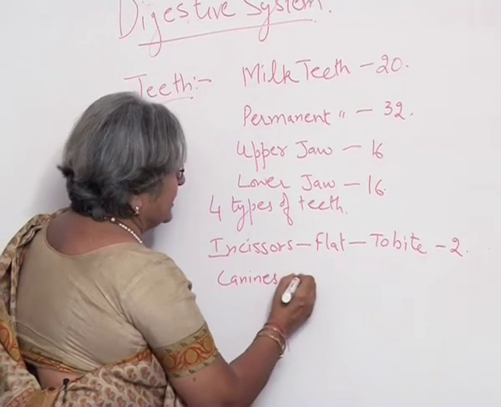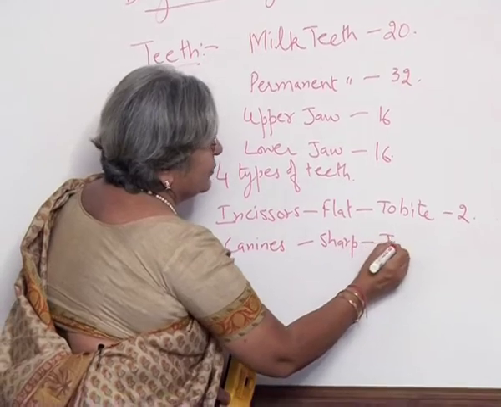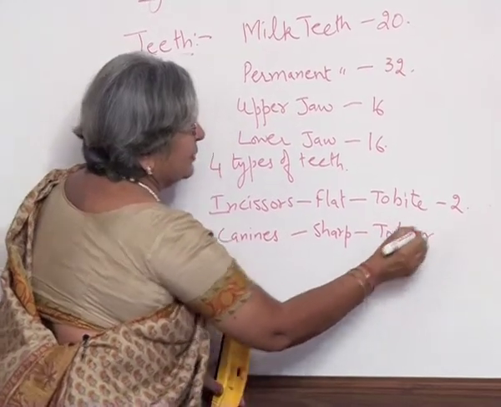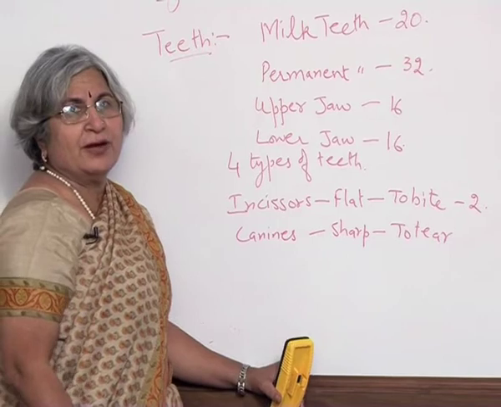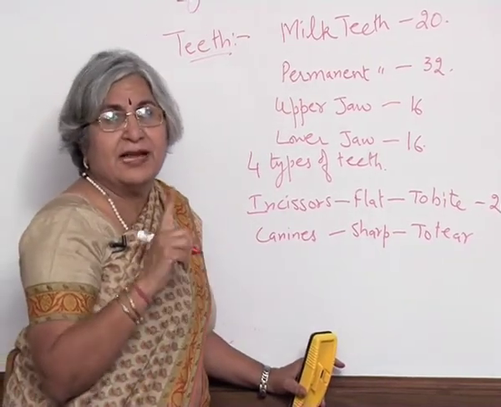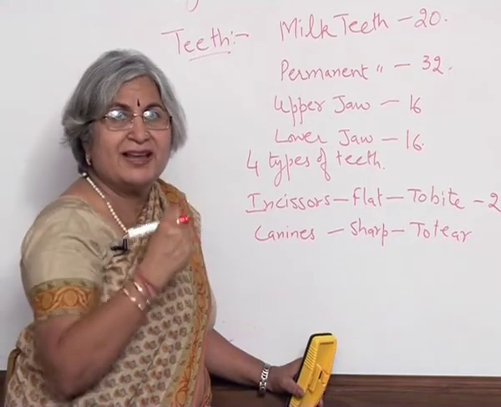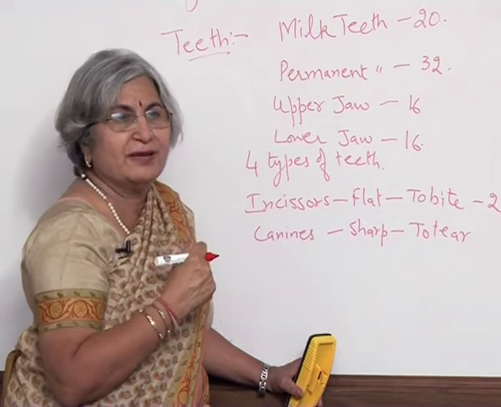Then there is canines, sharp, they are used to tear the food. They are not so well developed in human beings, but if you see the carnivorous animals like say lion or tiger, see how their canines are, because they have to tear the flesh, the meat.